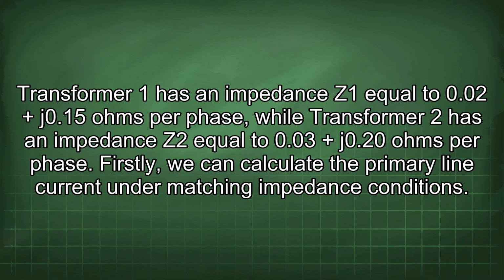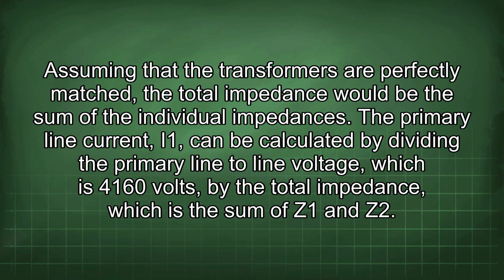Firstly, we can calculate the primary line current under matching impedance conditions. Assuming that the transformers are perfectly matched, the total impedance would be the sum of the individual impedances. The primary line current, I1, can be calculated by dividing the primary line to line voltage, which is 4160 volts, by the total impedance, which is the sum of Z1 and Z2.